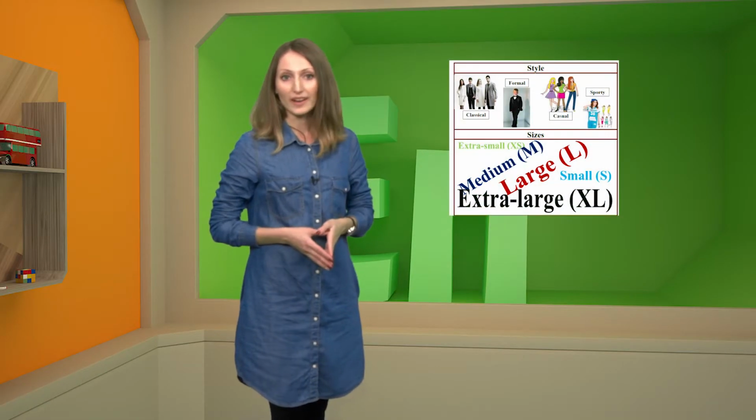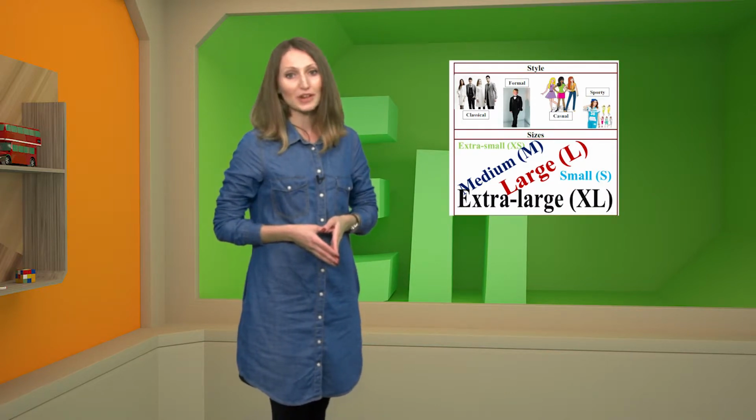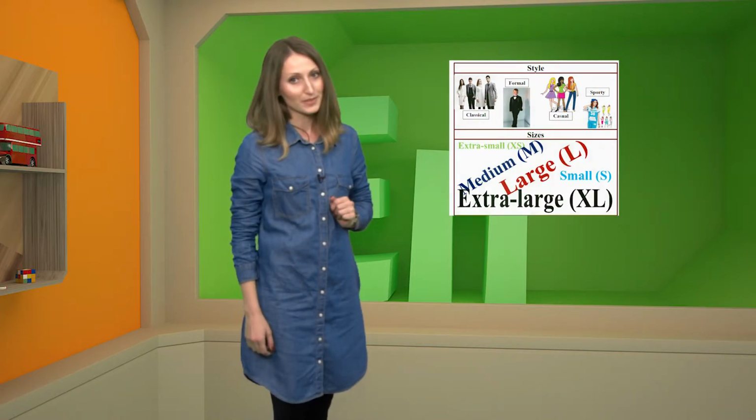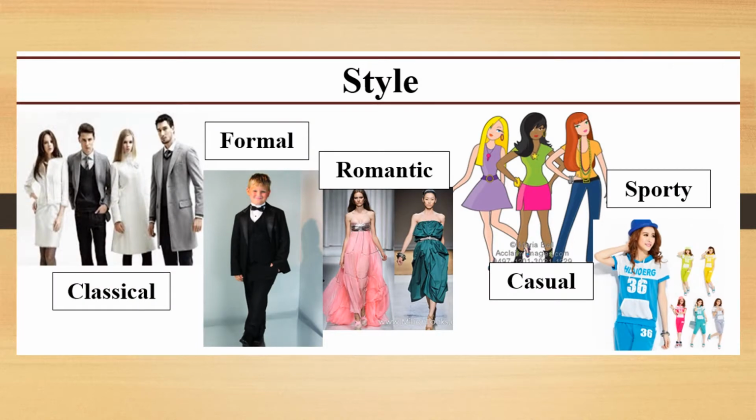Well, now you have these words in your vocabulary, and right now we will add some new words with the help of which you will be able to describe styles, sizes, patterns and materials of clothes. Watch attentively and learn. Now let's practice describing clothes. There are different styles: classical, formal, romantic, casual and sporty.